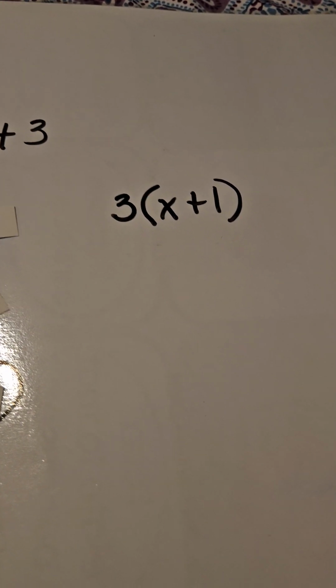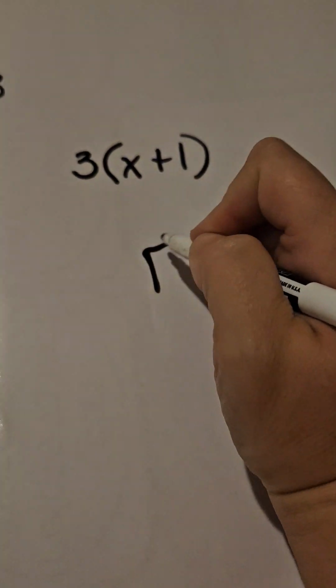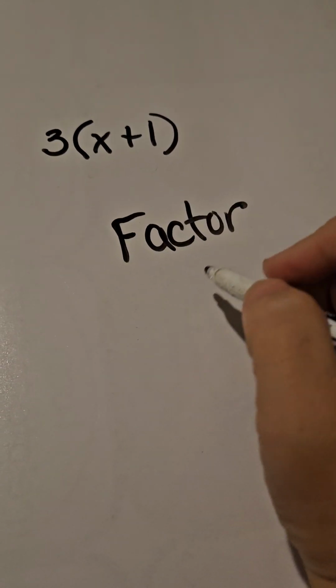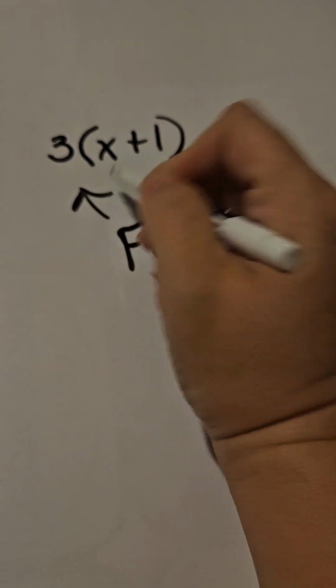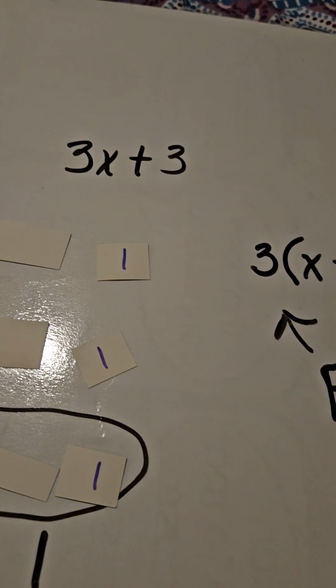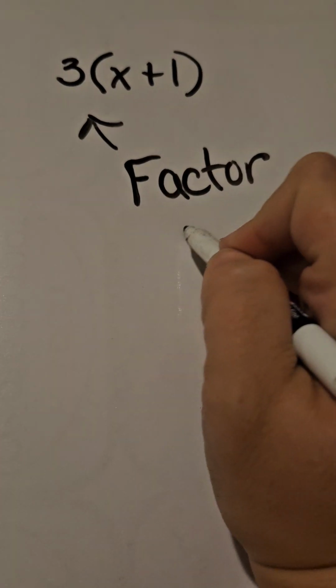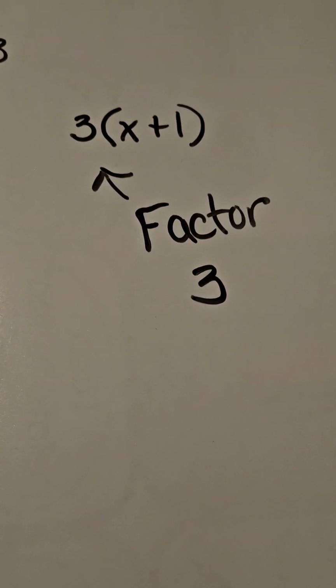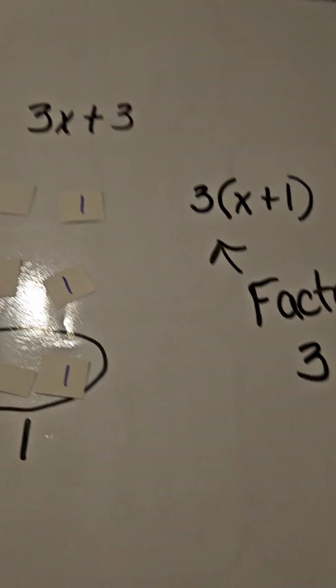Now if you're asked for the factor, the factor is how many rows you can divide it into. So the factor of 3x plus 3 is 3. So now let's try another one.